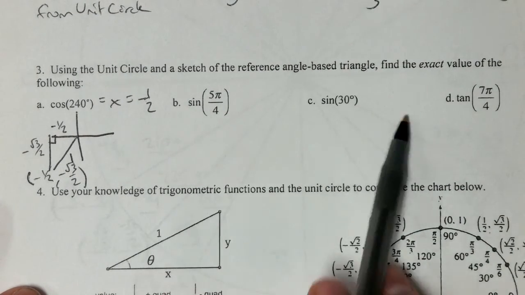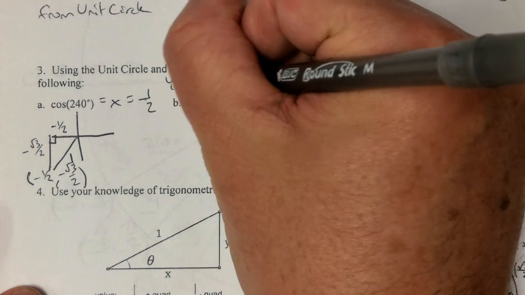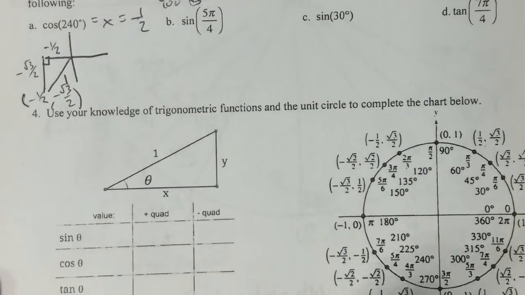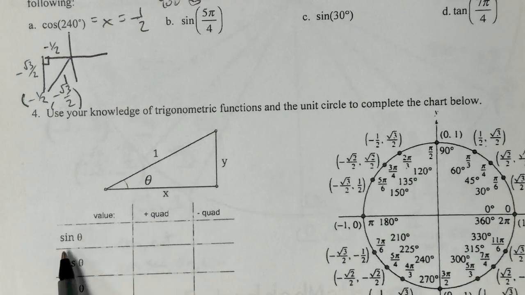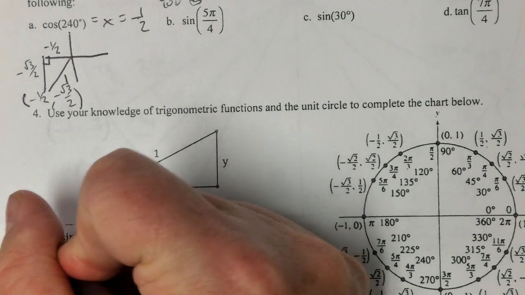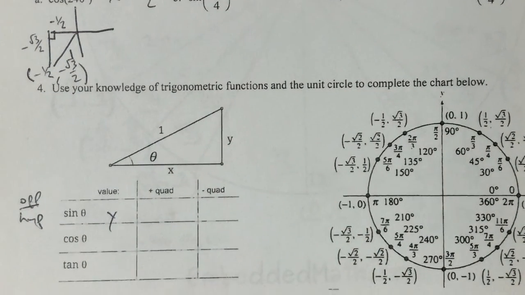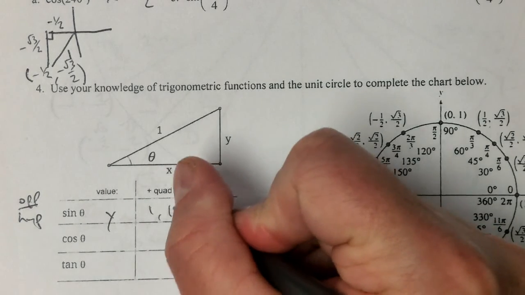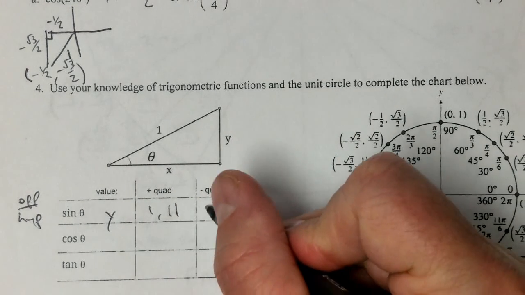So that's an example, and you do these three. And then for an example on this, sine is y. Remember, that's opposite over hypotenuse. The positive quadrants were 1 and 2. The negative quadrants were 3 and 4.